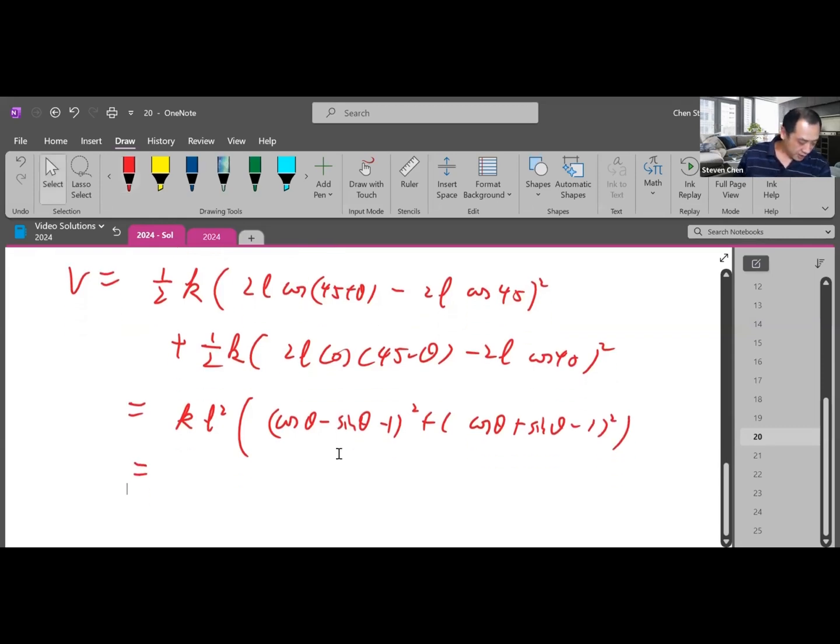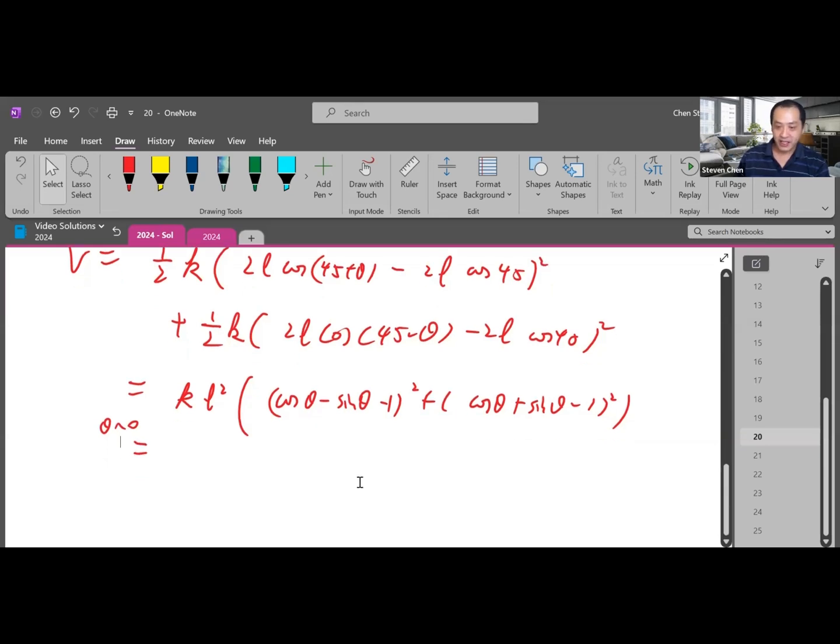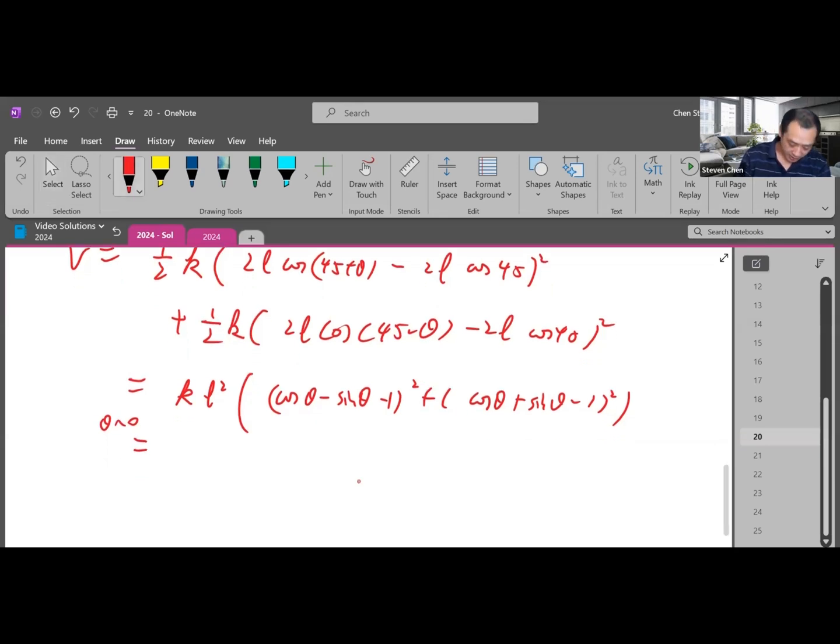Next, we need to make an approximation that theta is pretty close to 0. For small theta, cosine of theta can be approximated as 1, and sine of theta can be approximated as theta. So the potential energy has the approximation of twice KL squared times theta squared.